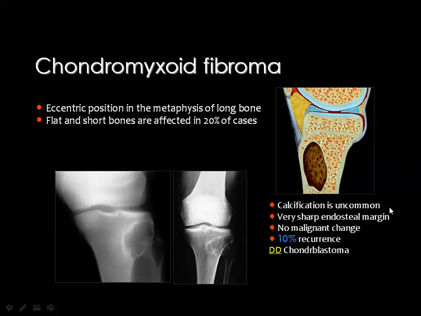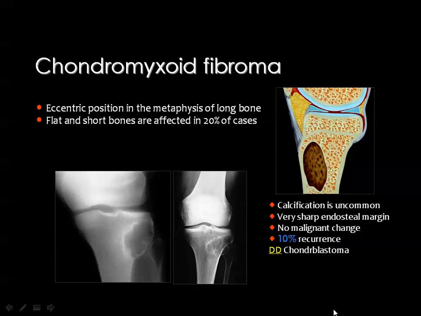The chondromyxoid fibroma is a benign lesion, and it occurs in the metaphysis. And you should be careful because this lesion is an expanding lesion. It has a sclerotic margin. It does not reach the articular surface. Because if this lesion has reached the articular surface, then you may think that this is a giant cell tumor, for example.